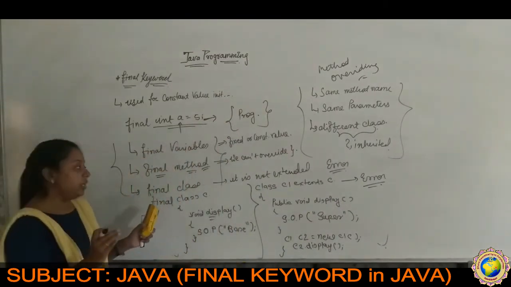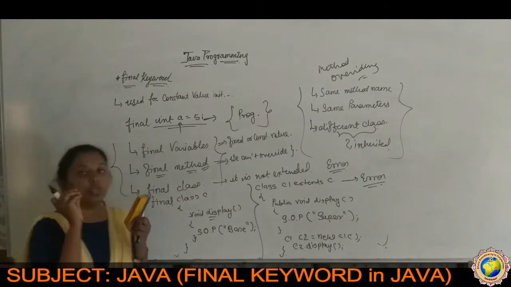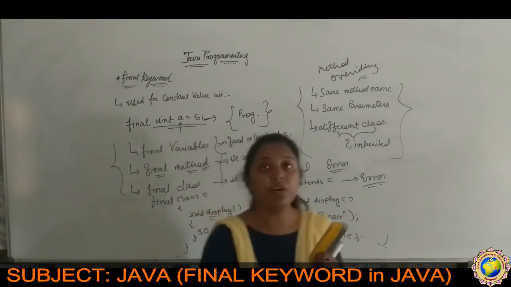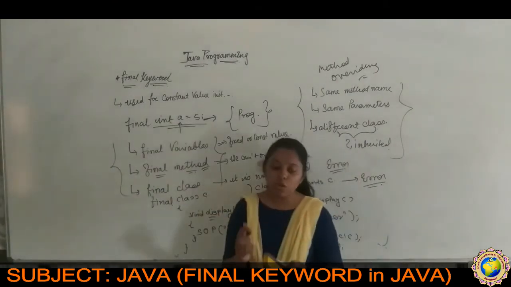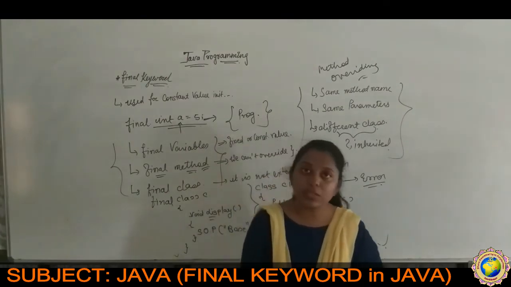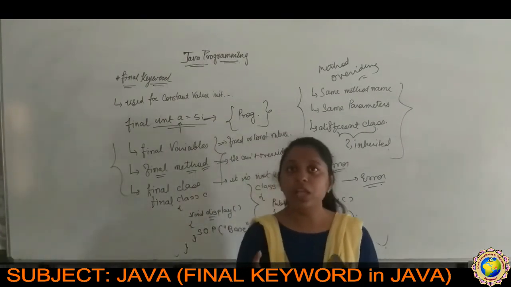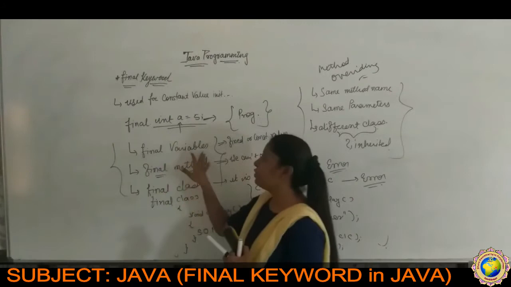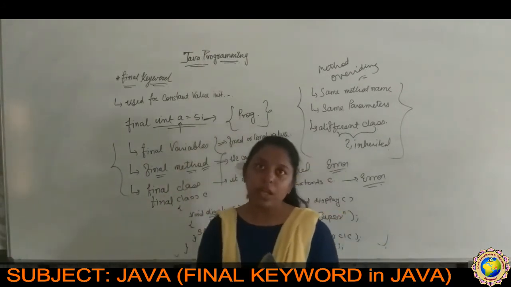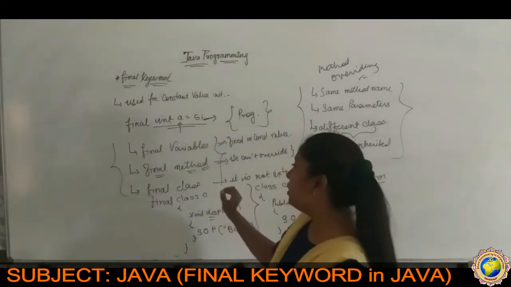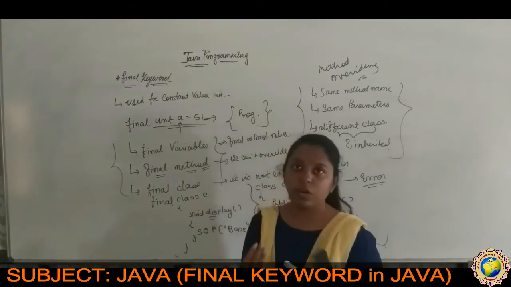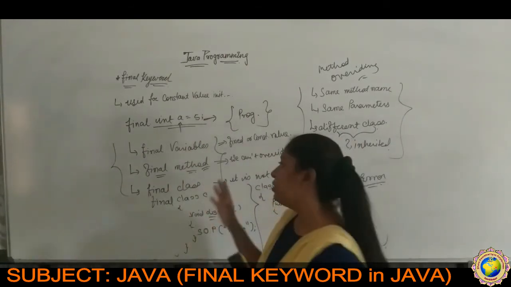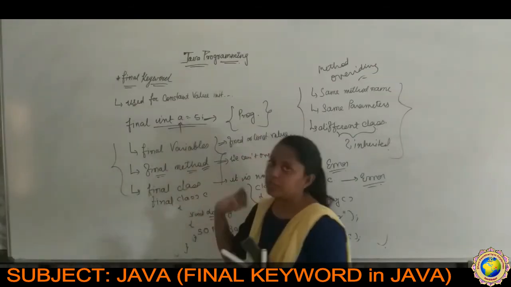So basically, we have to keep in mind: whenever we are using a fixed value or constant value of a particular variable, then we have to use the final variable. Whenever we do not want a method to be overridden, then we have to use the final method.